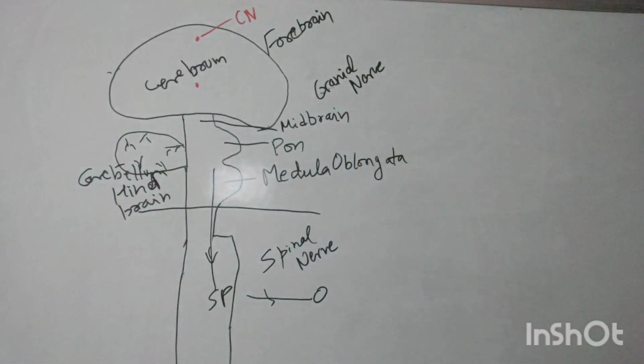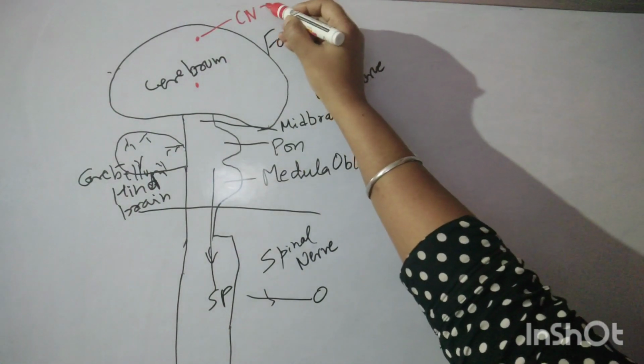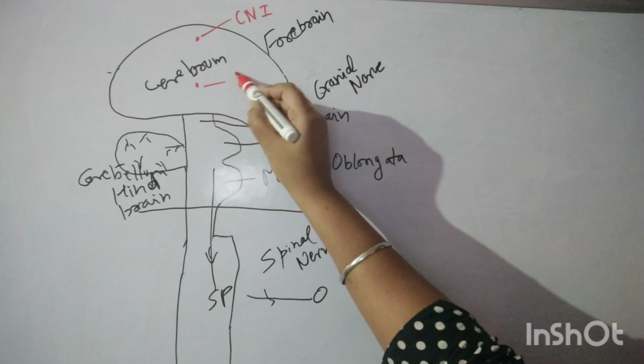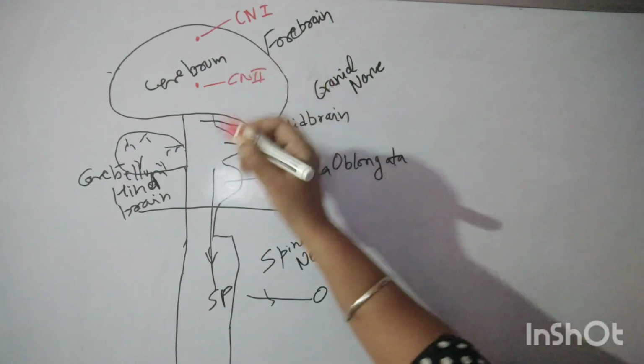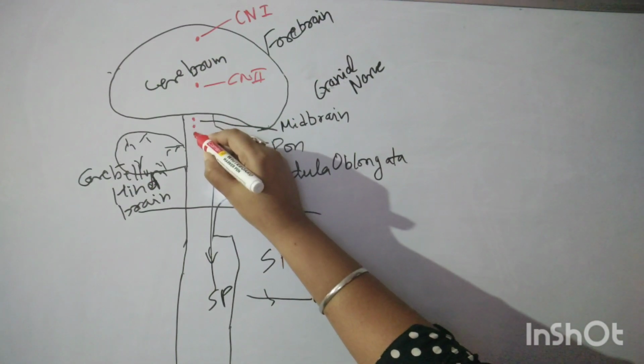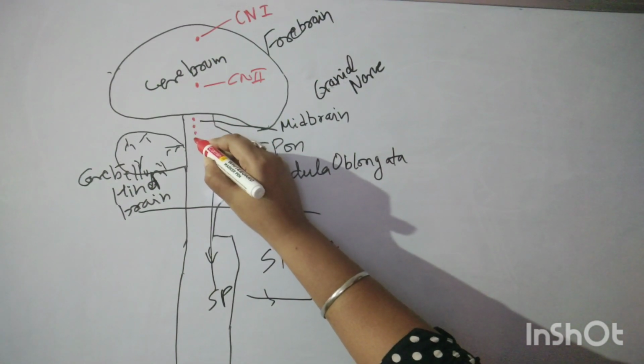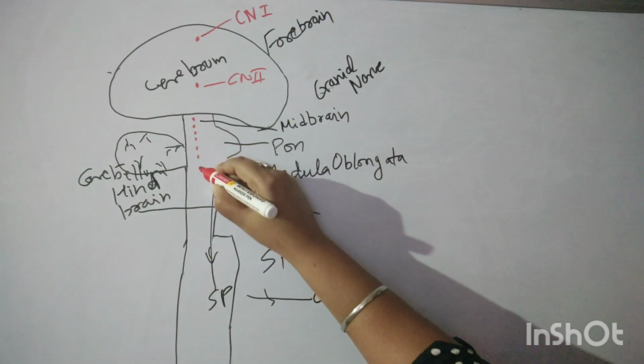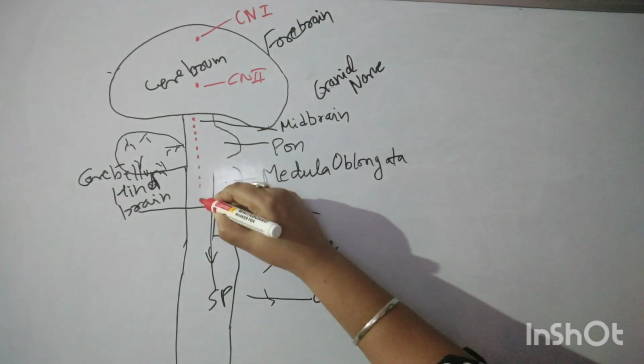And for cranial nerves, we always use Roman numerals to denote them. First like this, cranial nerve 2, here third, fourth, fifth, sixth, seventh, eighth, ninth, 10th, 11th, 12th.